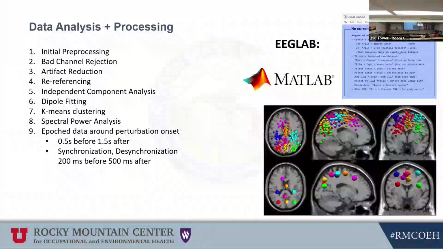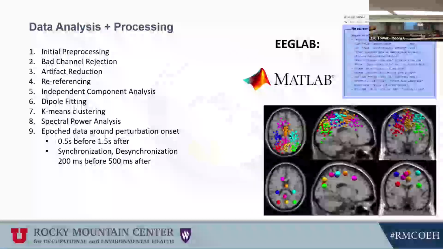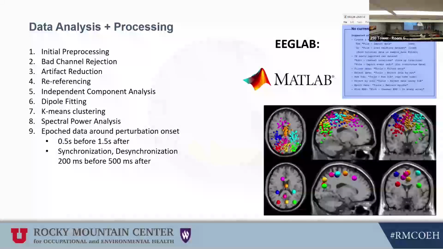So as I said earlier, EEG analysis is very complex and lengthy. And there's no gold standard processing pipeline, but there are generally similar steps that all EEG researchers that do this type of analysis complete.